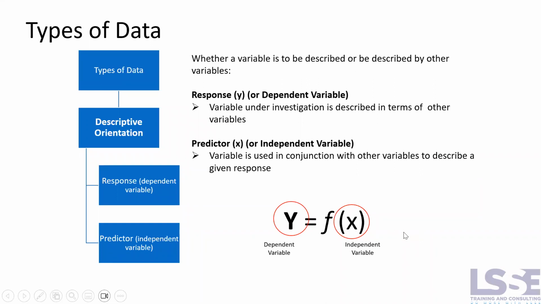It means that y is a function of x, or y is dependent on x. That's how you interpret this formula: if we alter or manipulate x, then it will have an impact on y. Y is the dependent variable or the response, and x is your independent variable or your predictor.